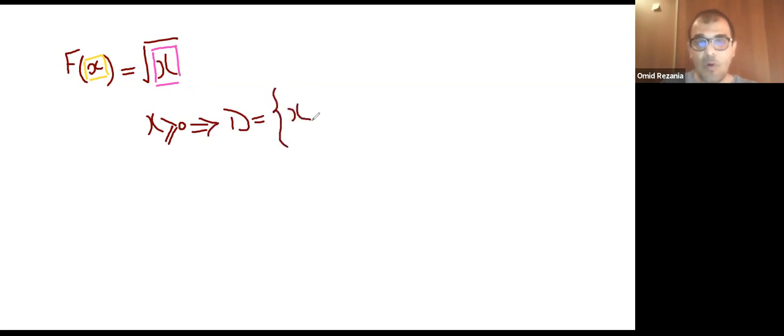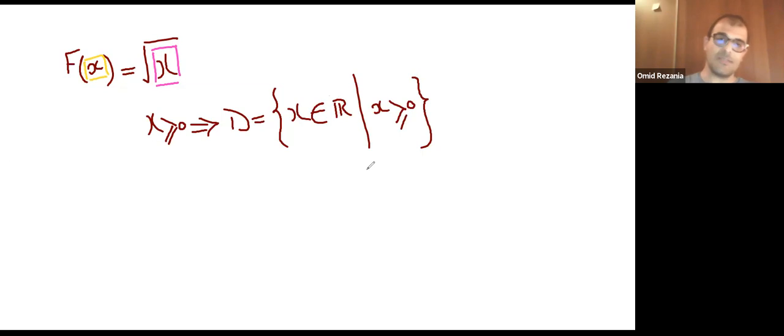It becomes the set of all the x's, as a single variable of our function, that belong to R. However, x has to be either positive or equal to 0. These are the things we talked about when we started to talk about a function.